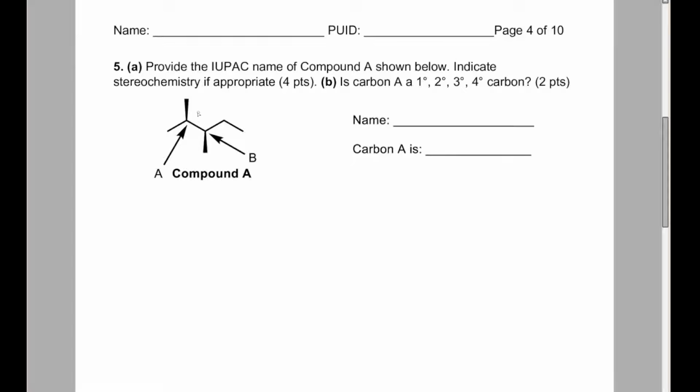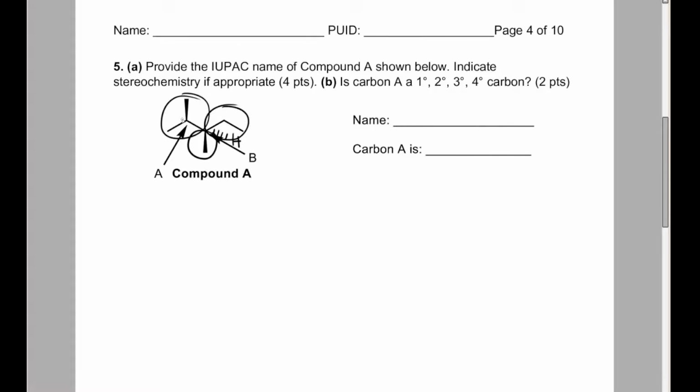Carbon B has 3 different groups attached to it, substituents, and obviously it also has a hydrogen in the back that's dashed, which we don't really care about because it's always the lowest molecular weight.